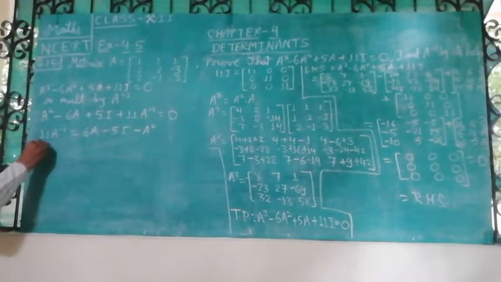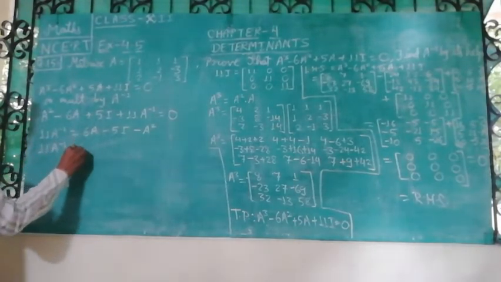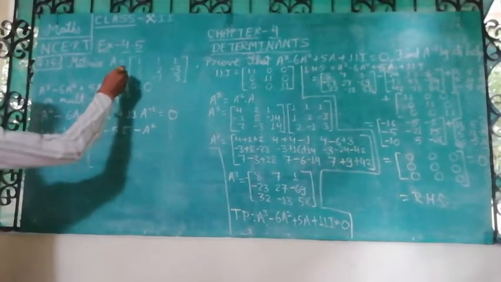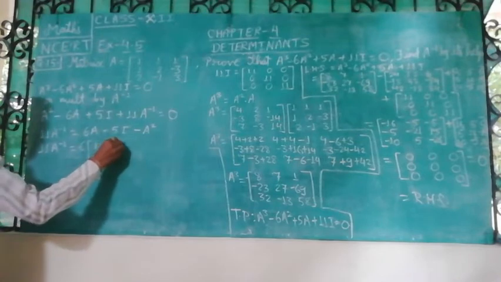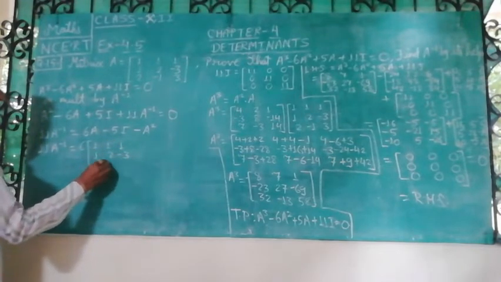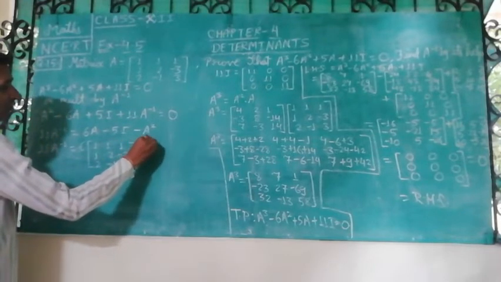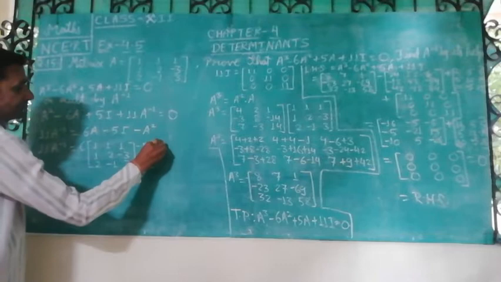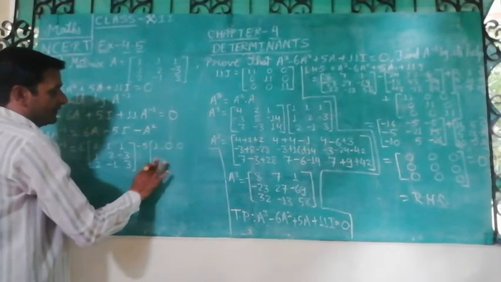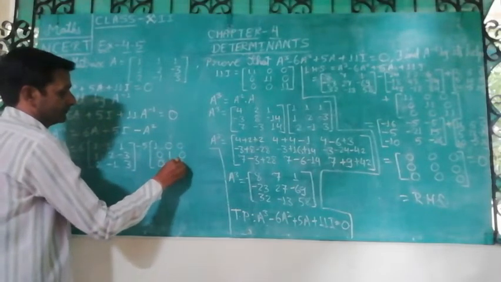So 11A inverse is equal to 6A. 6A, the value of A is 1, 1, 1, 1, 2 minus 3, and 2 minus 1, 3. Minus 5 into 1, 0, 0, 0, 1, 0, and 0, 0, 1.